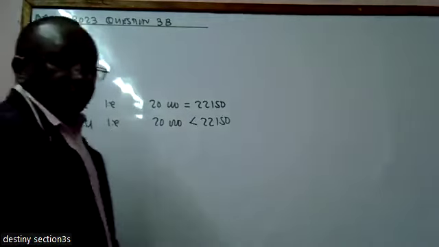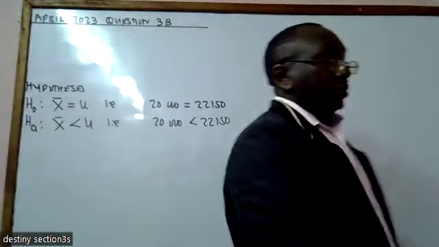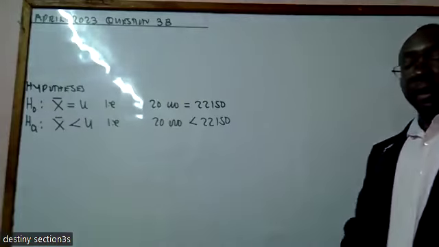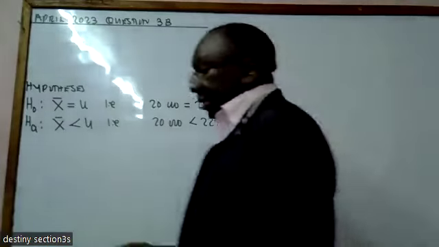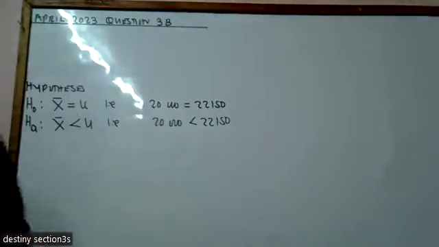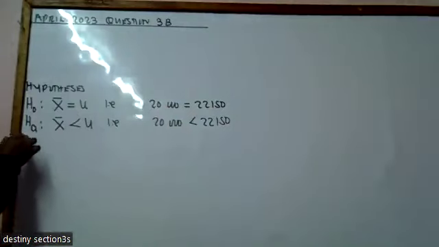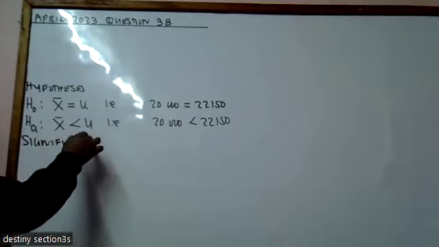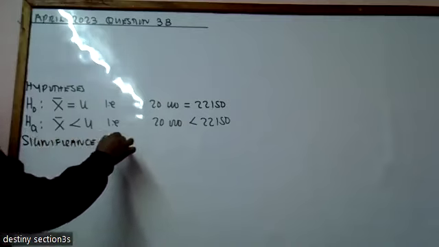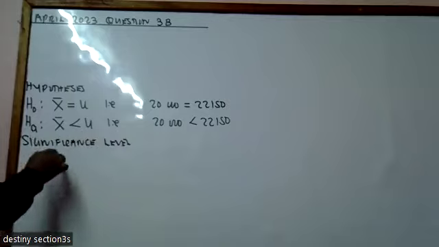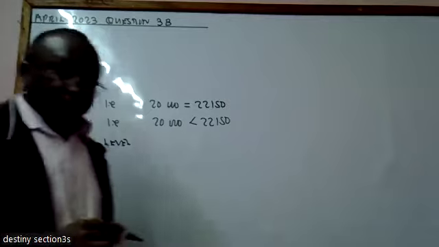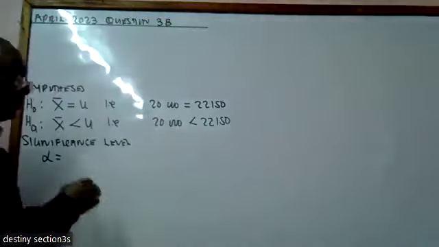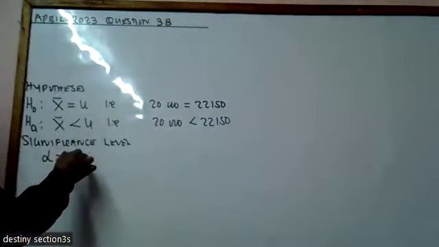Then you go to the significance level. The significance level that we said is alpha, we are told we test at 5%. So this is 0.05.